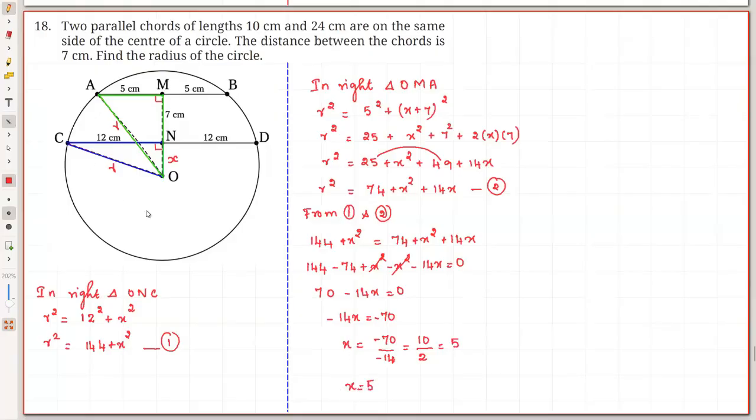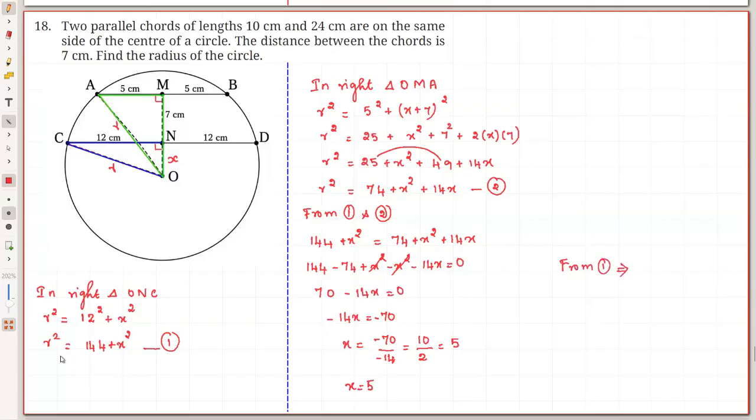Actually, you have to find the radius. For finding the radius, we can substitute into equation number 1.